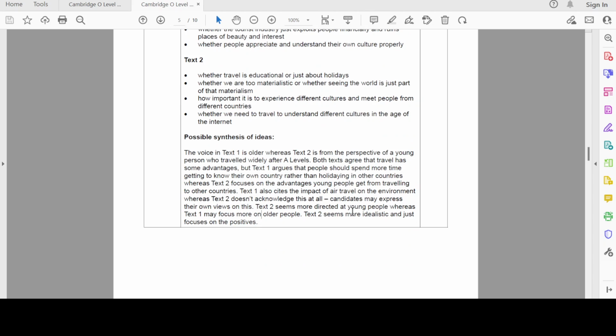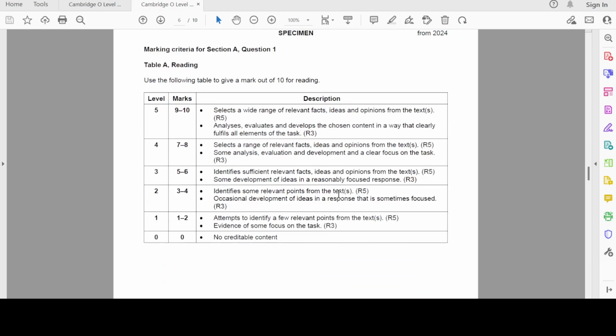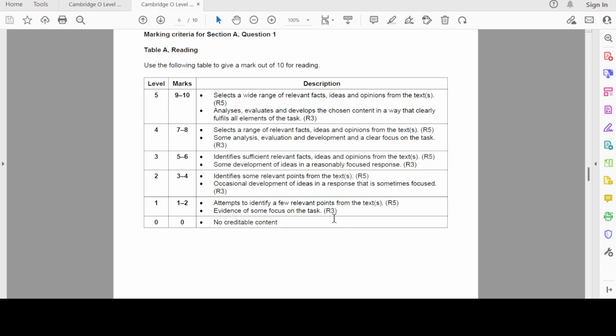So what are the level descriptors? Okay, for reading, that means the ideas that the candidate is going to pick out from the texts. Level 1 attempts to identify a few relevant points from the text, evidence of some focus on the task, right? So it's just like very, very low level. It's just like a weak attempt, right?